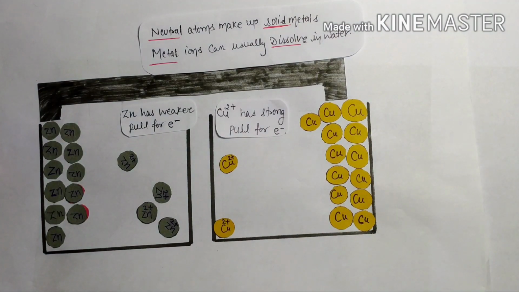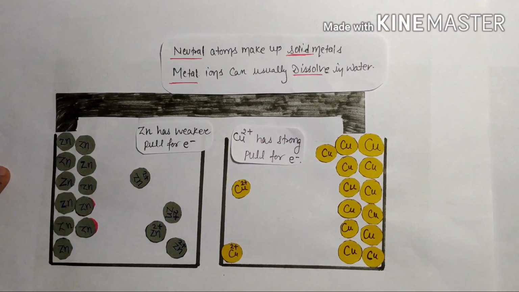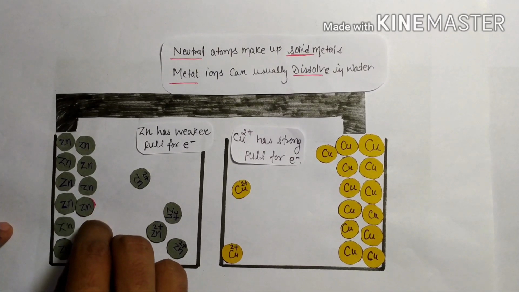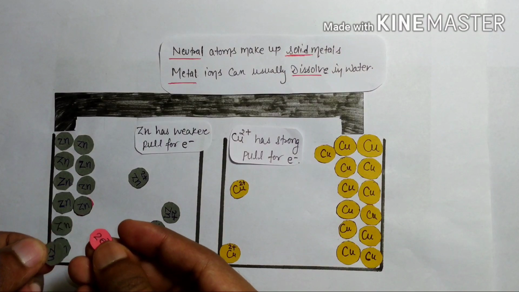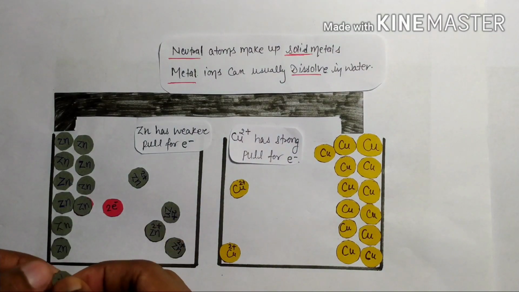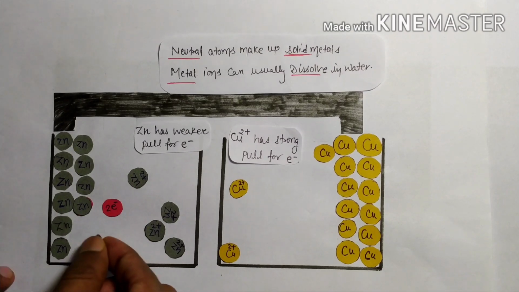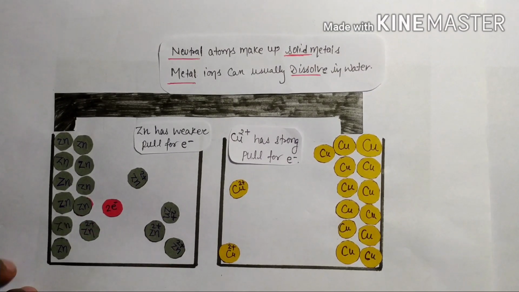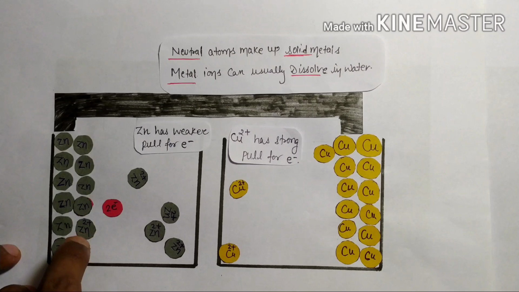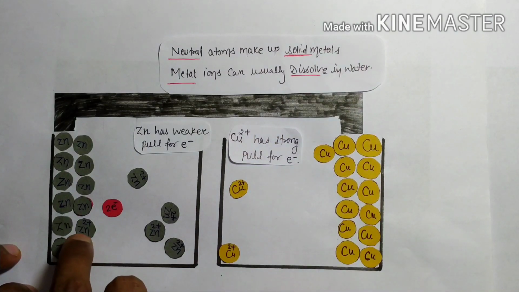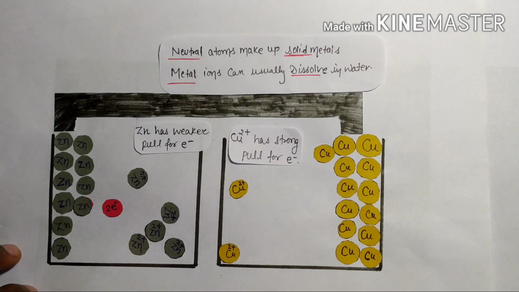Now see, again this Zn will lose its 2 electrons, and this Zn will convert into Zn2+. The zinc has been converted into Zn2+ after losing the 2 electrons, and since metal ions can easily dissolve in water, this Zn2+ goes into the solution.